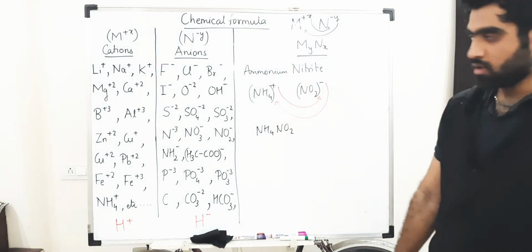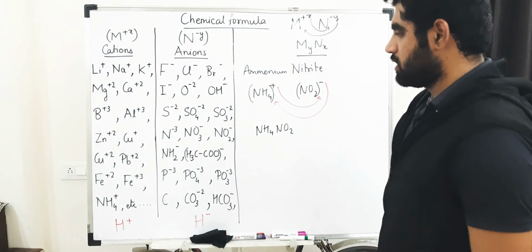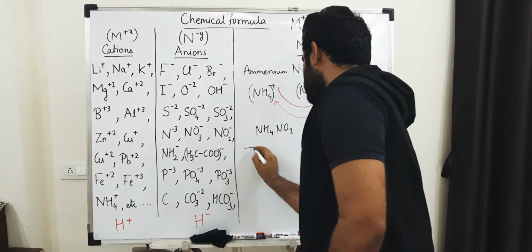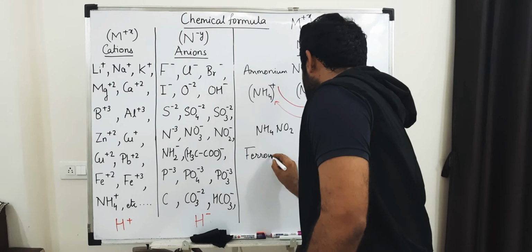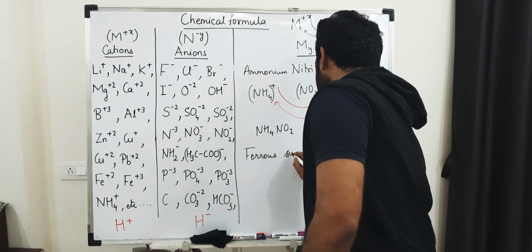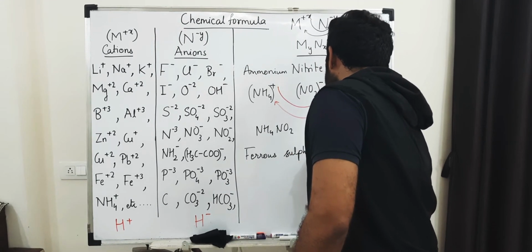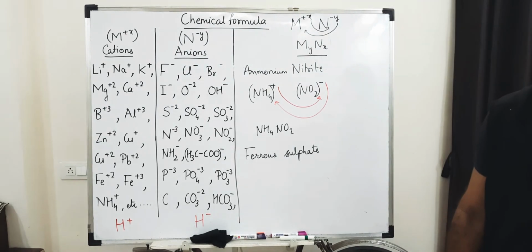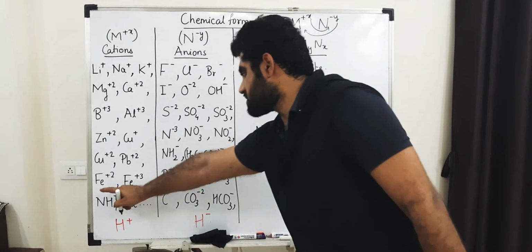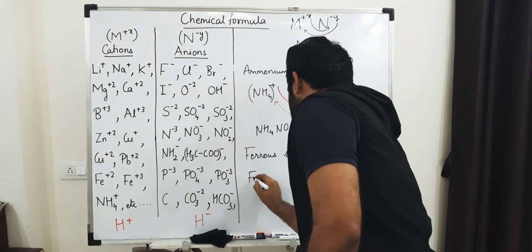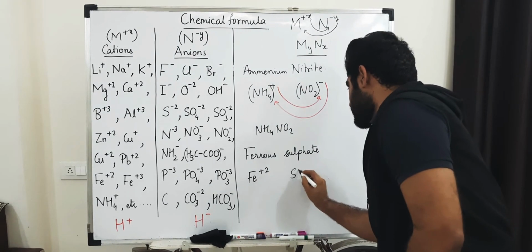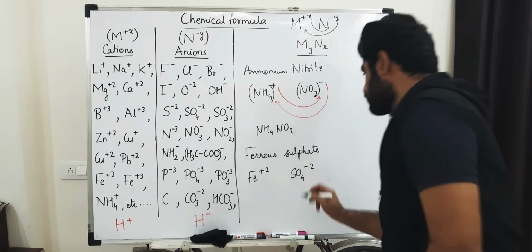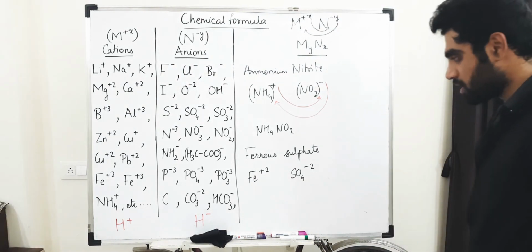Okay, let's write the next compound, do with me guys, do with me. Ferrous sulfate. Ferrous, what is ferrous? Fe plus 2. Sulfate, SO4 minus 2. See, the same principle comes here.